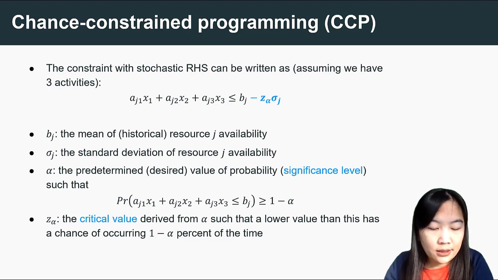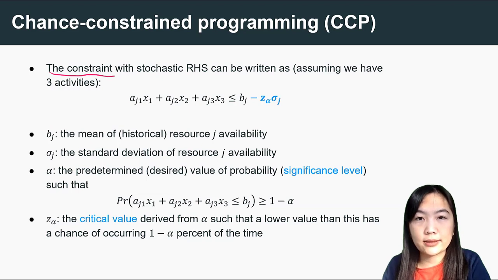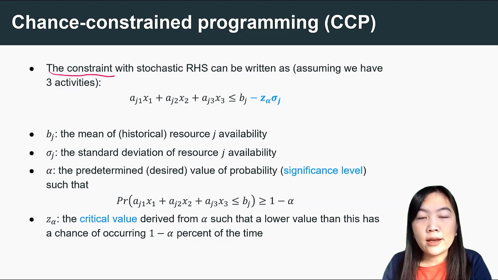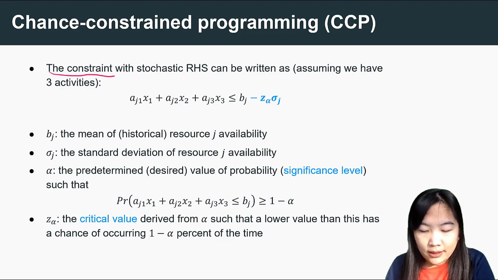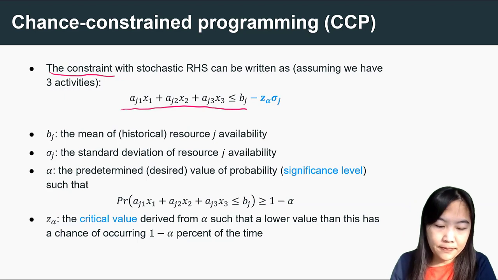So first there's this constraint with a stochastic right-hand side. And if there's risk there, then we can write it this way. So on this part, everything in black, those are the usual constraints that we have been seeing.